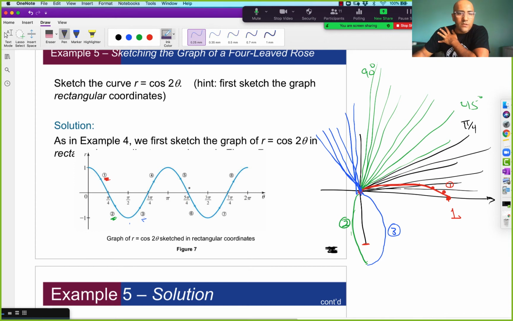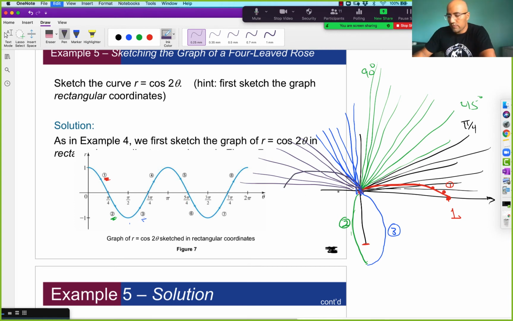Let's do one last one. Part 4, we're still in quadrant 2. We're going from 3 pi over 4 to pi. So we're going to create all the rays that extend into there. However, the R value starts off at 0, and it gets bigger and bigger until you get to pi, and you end up with something that looks like that.